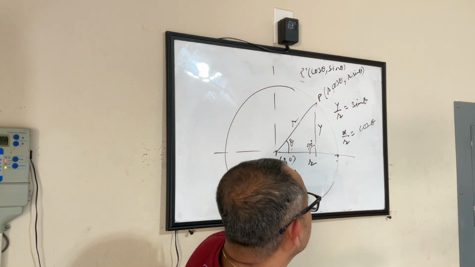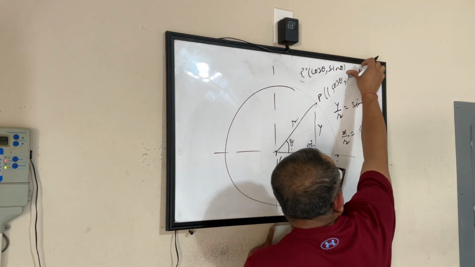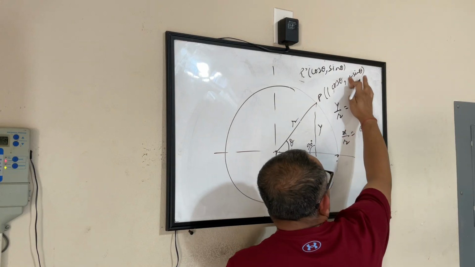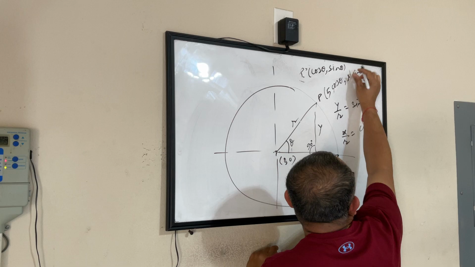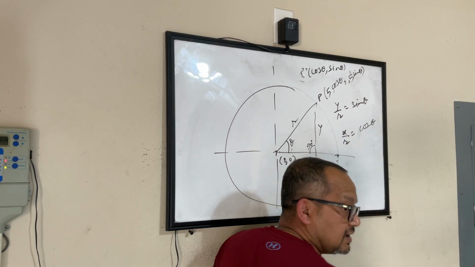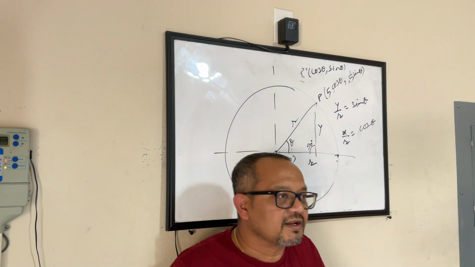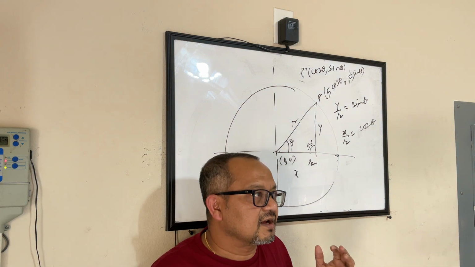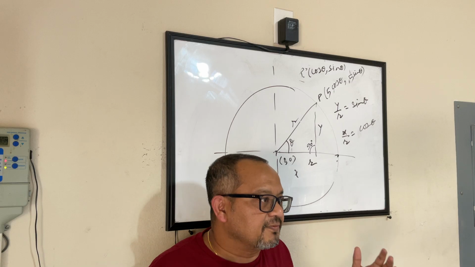If you make this a unit circle, your radius becomes 1, so this gets replaced with 1. If it's not a unit circle, if the radius is 5, this gets replaced by 5. Done deal.